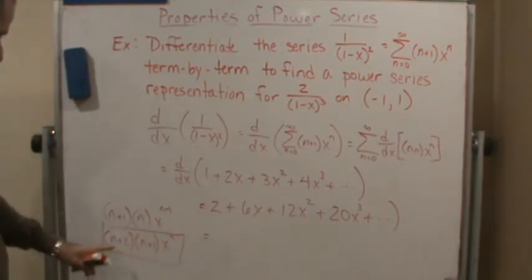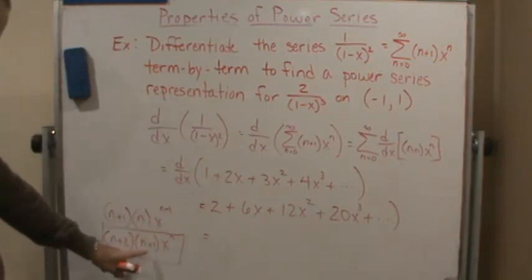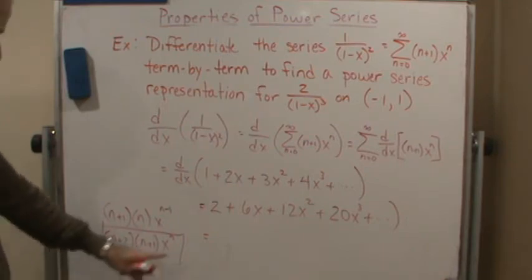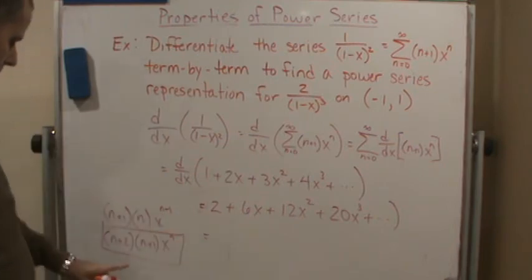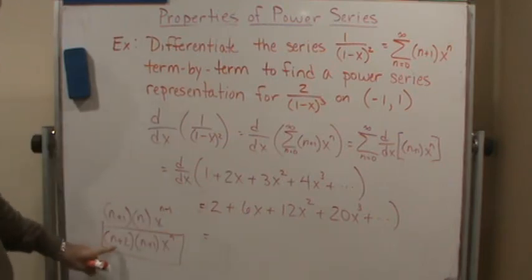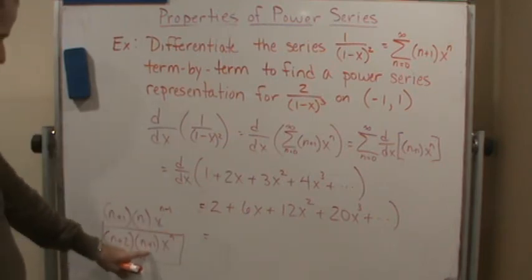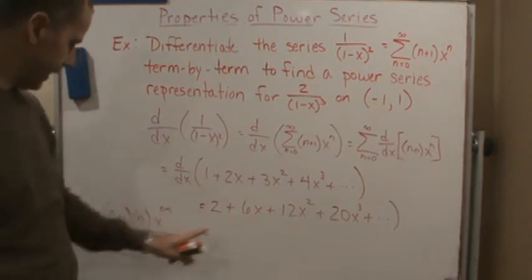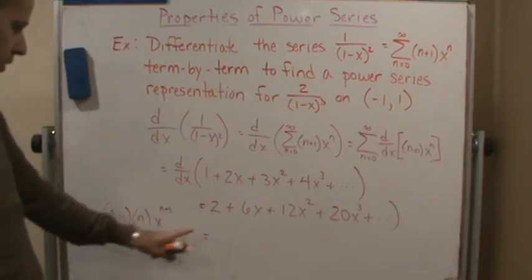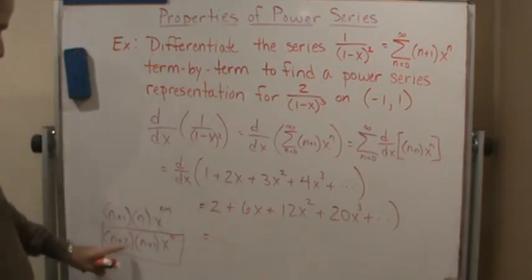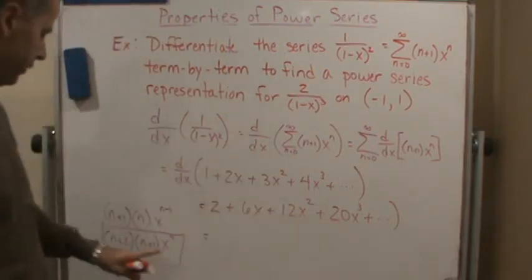If n is 0, I get 2 times 1, which is 2. Then if n is 1, I get 3 times 2 is 6, and I get x. The next one, I get 3 times 4 is 12. The next one, 4 times 5 is 20, and so on.